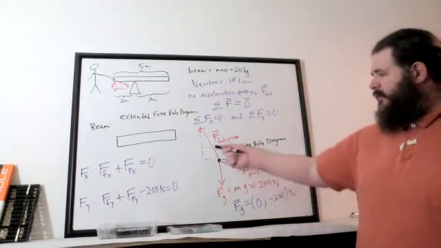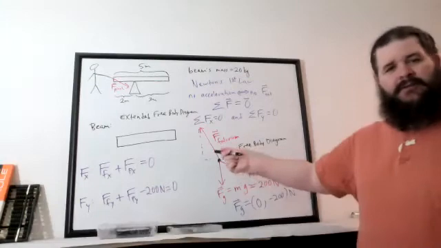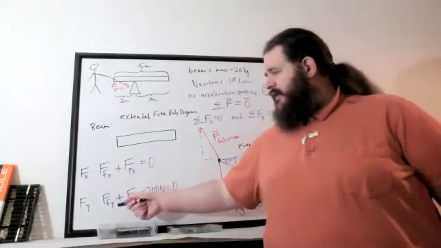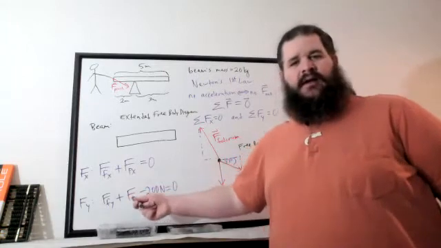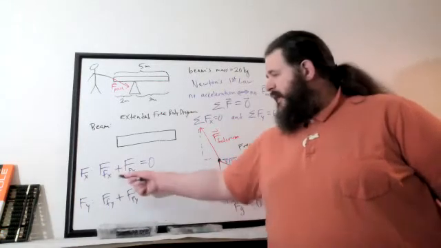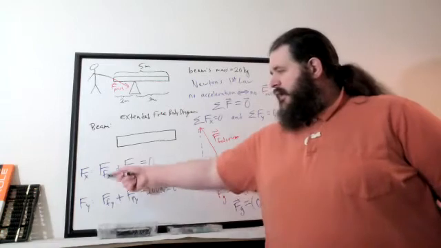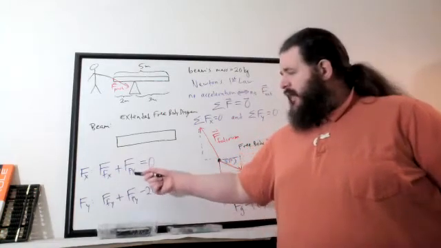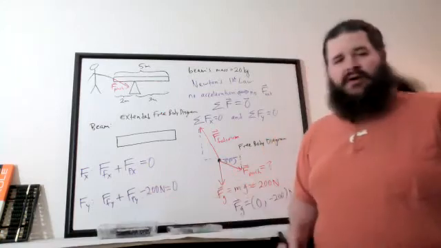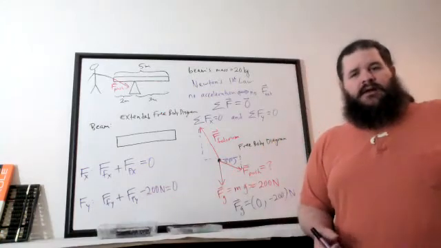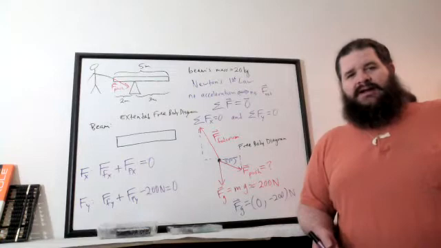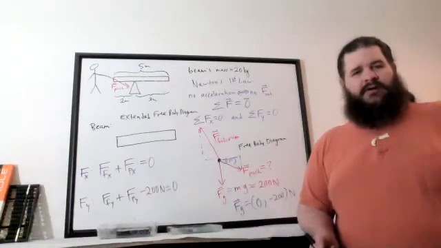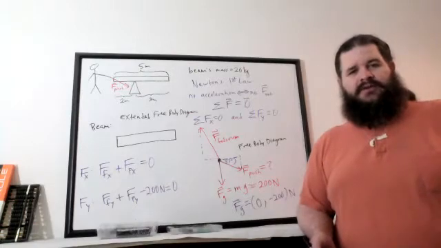I mean, we only have 2 unknown vectors, the force of the fulcrum and the force of the push. But each one of those vectors has 2 unknown values, the x component and y component. So if you consider the components separately, we actually have 4 unknowns: the unknown x component of the fulcrum, unknown y component of the fulcrum, unknown x component of the push, and unknown y component of the push. So we're going to need more information here. We're going to need more equations. Ideally, if you have 4 unknowns, you need 4 equations in order to solve for the 4 unknowns.